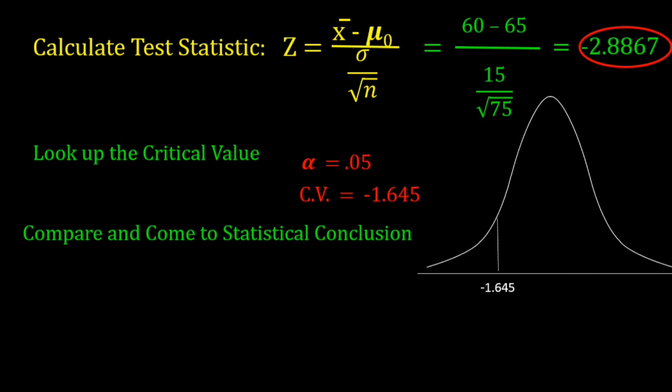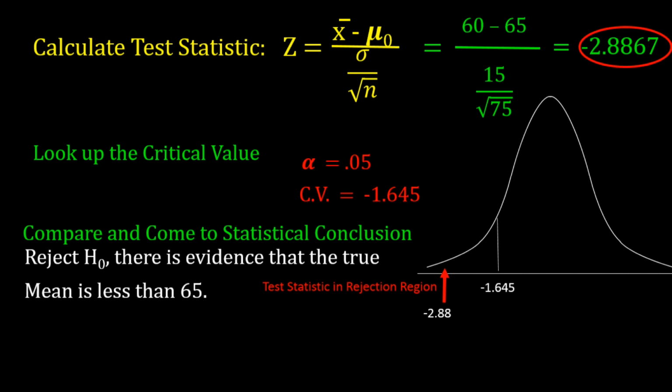So on the distribution, that would be around here. Remember, the tail areas are the areas of rejection, and the test statistic is in the rejection region. So our conclusion would be to reject the null hypothesis and find that there is evidence to support the alternative hypothesis that the mean grade is less than 65.